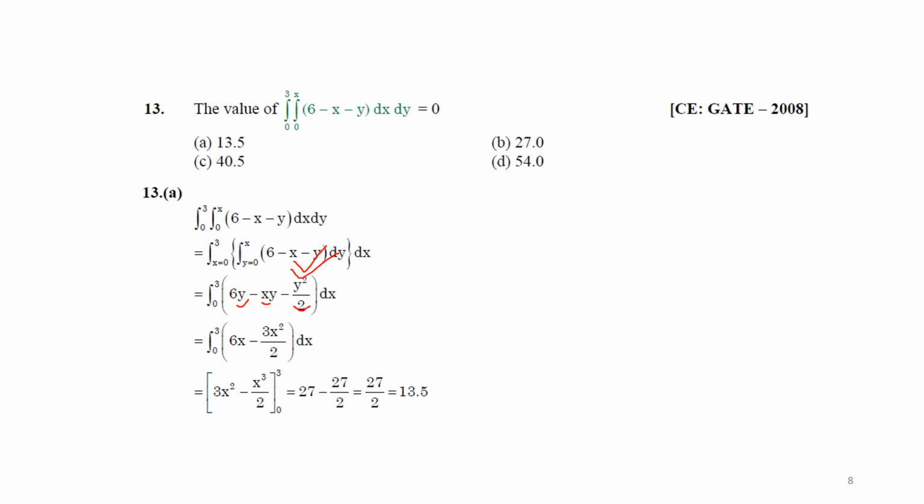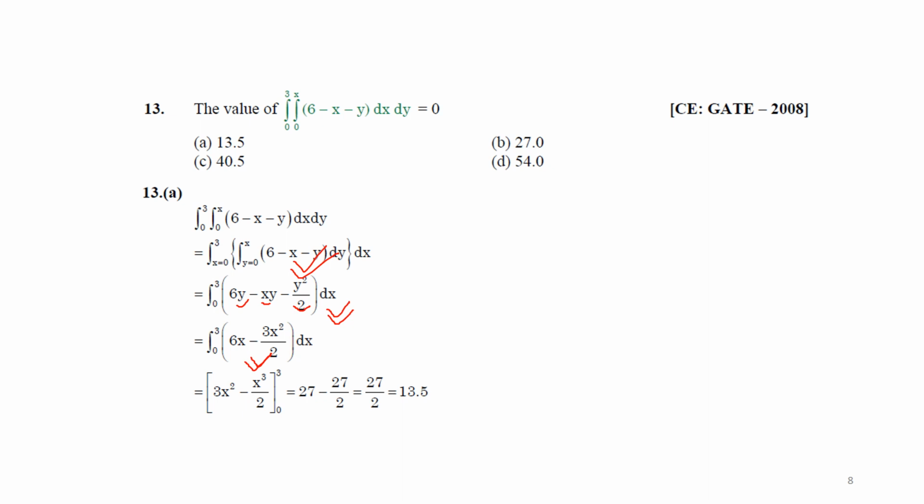Now you have to integrate this with respect to x. Obviously you have to put the limit from 0 to x. Once you put the limit y equal to 0 to x, all the y will convert into x, so your final expression will be in terms of x. Now you have to integrate this with respect to x and put the limit 0 to 3. It's a very simple integration.